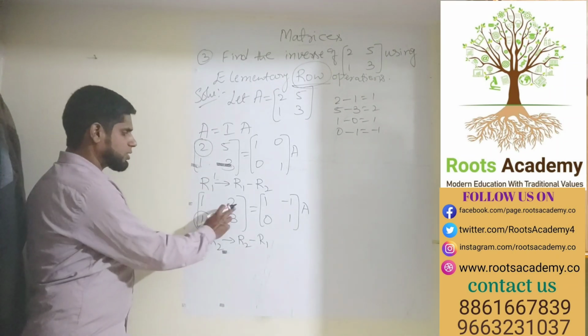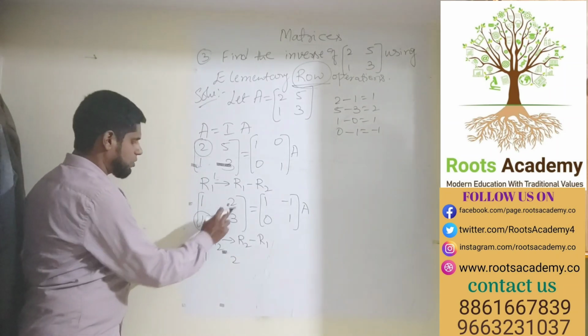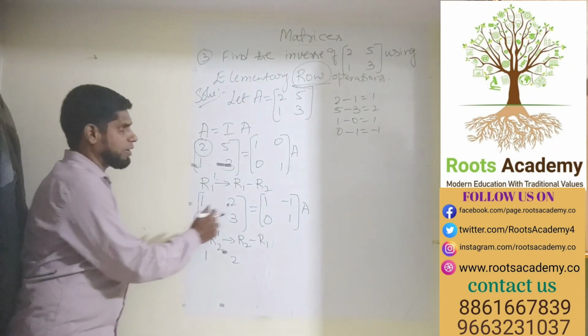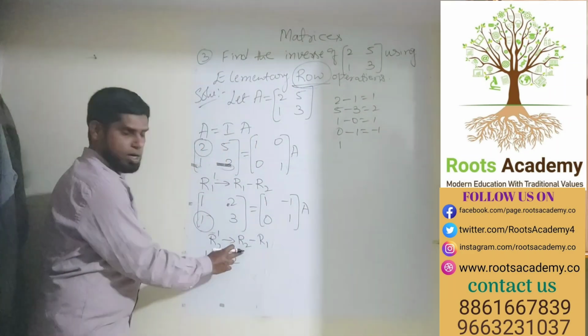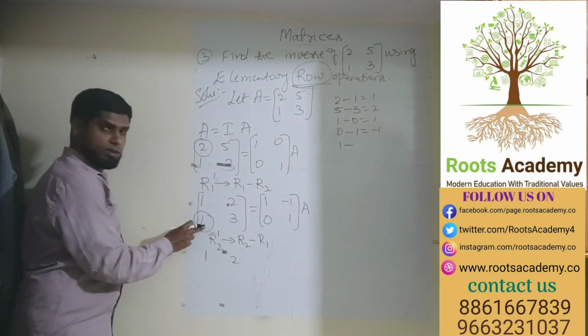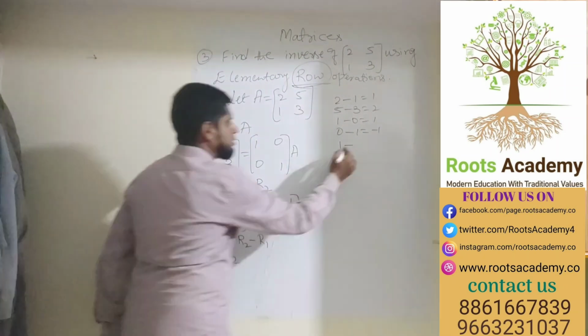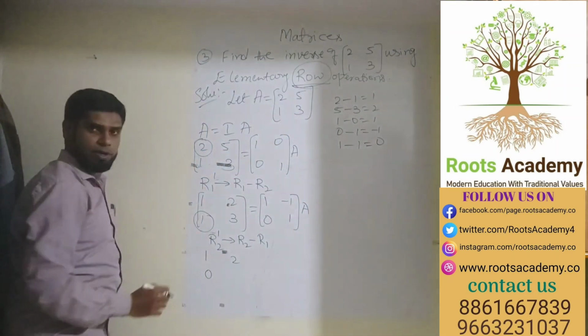But the first row is not changing here. So the first row elements are as it is, 1, 2 as it is. Now student, 1 minus 1. I will write it here. R2 is 1 here, minus R1. Corresponding to this R1 is 1. So 1 minus 1 is 0. Okay, I got 0 here.